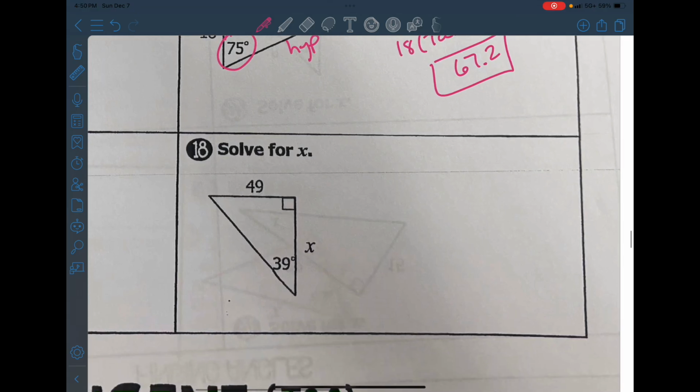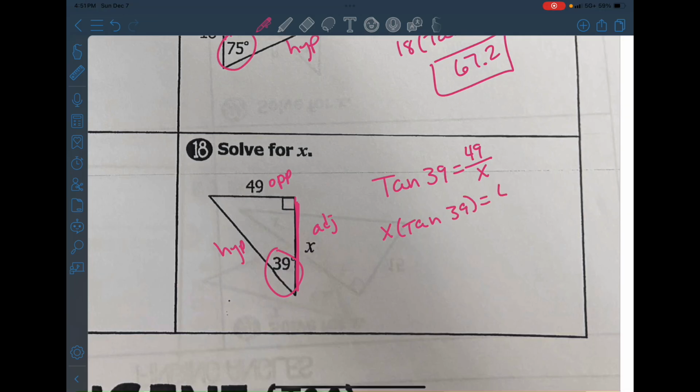And let's look at this. We're looking at 39. This side touches it. It's my adjacent because here's my hypotenuse. So we're not using it. So this has to be opposite. So the tangent of 39 equals opposite over adjacent. Bring my denominator over. You can't ever bring the numerator over.